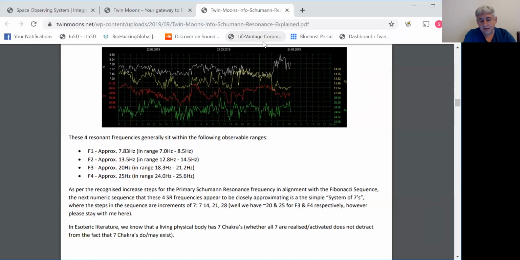Then if the difference between F3 and F4 was also 7 hertz, you would see a correlation to that other fundamental pattern in nature, which is the pattern of sevens, or systems of 7.